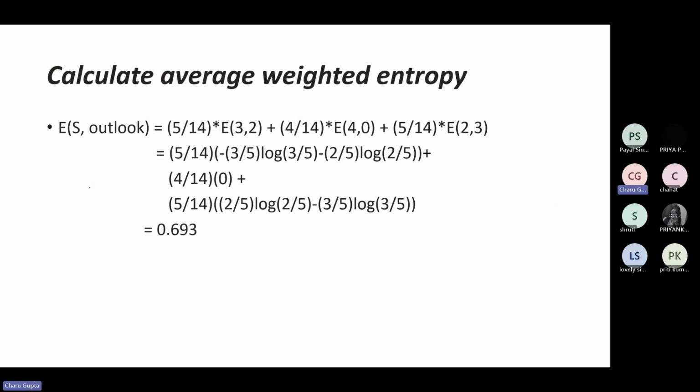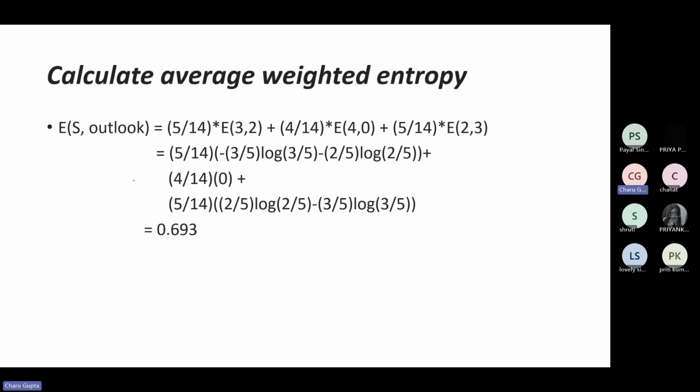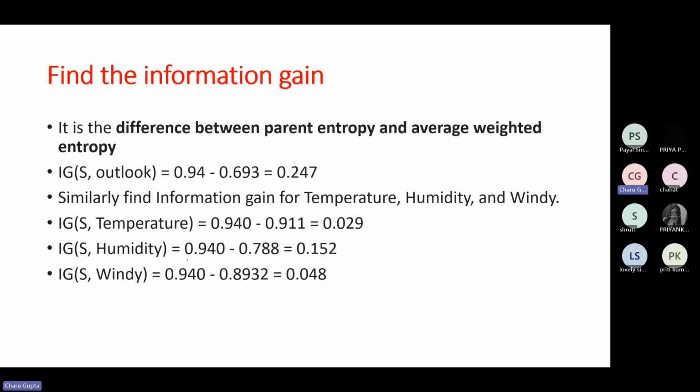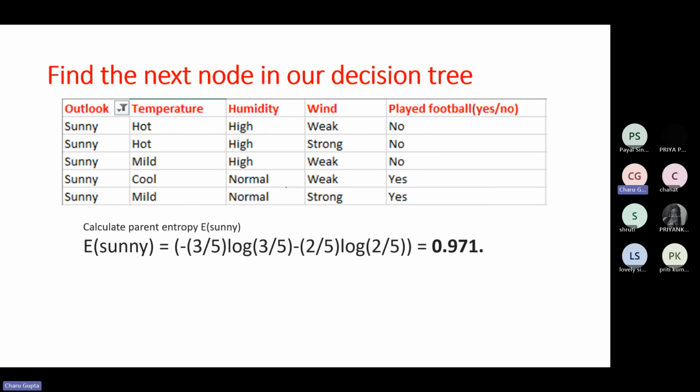Once the entropy is calculated, then we will find out its entropy with the complete outlook, right? And then we will find out the information gain of all the three variables. This is through the Excel. This is how we are doing it through Excel.